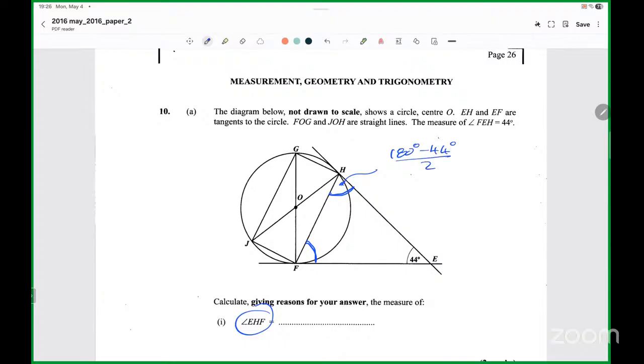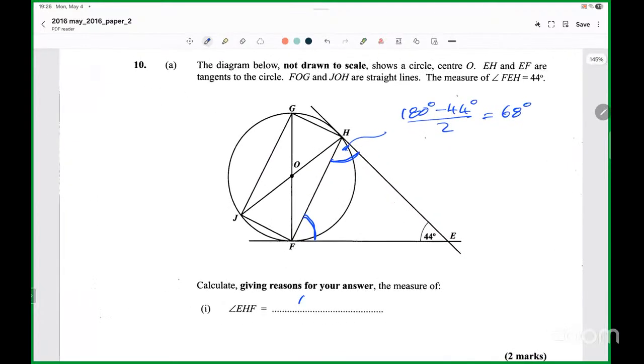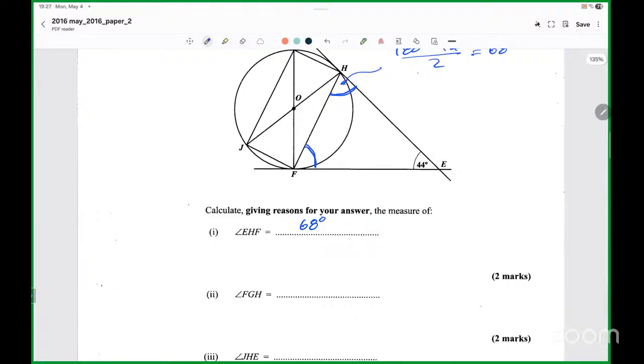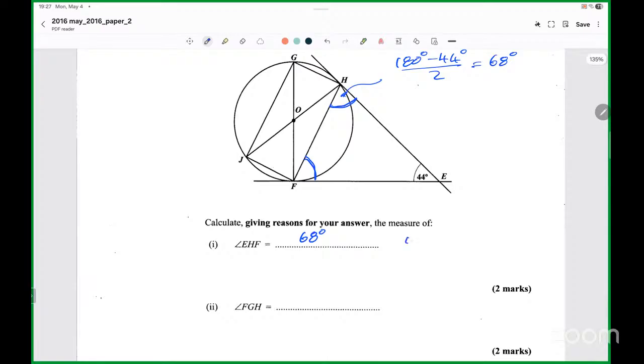That's 90 minus 22, which is 68 degrees. We get it by doing 180 degrees minus 44 degrees divided by 2, 68 degrees.